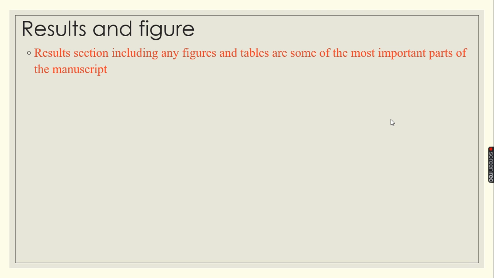The results section, including any figures and tables, is some of the most important part of the manuscript, because when I am getting a new manuscript to review or to read as a new scientific paper, very quickly what I normally check is the abstract part, and then I normally go into the results section where I look for tables and figures which give me a quick idea what things are there, what kind of study is involved there. So that is very important.